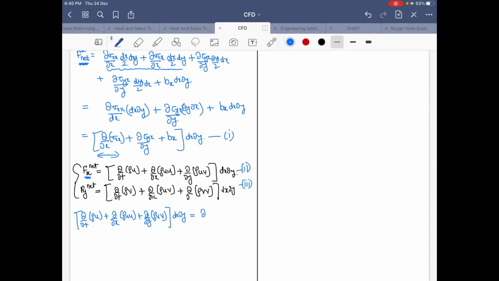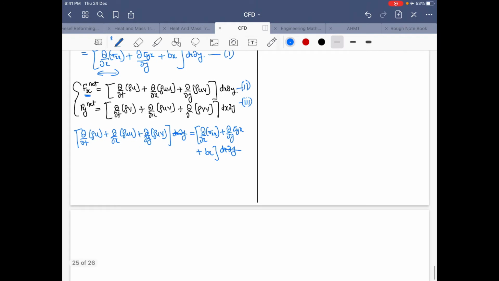This is equal to del by del x sigma xx plus del by del y tau yx plus body force in x, and here dx dy.